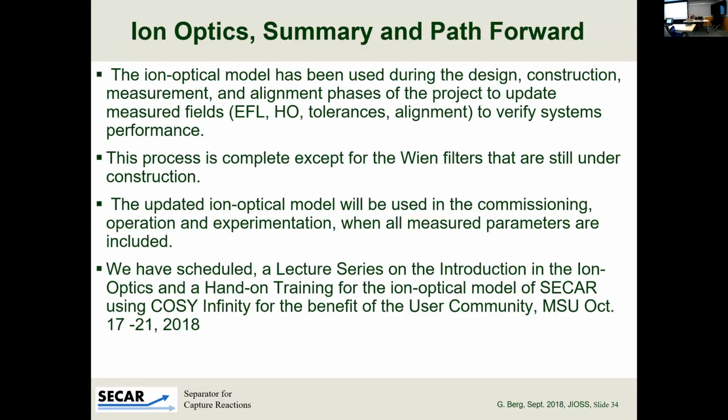SECAR has mostly used the mass separation to reject the beam, but could it also have been using, for example, the energy separation? No. See, the energy is given by the momentum. If you calculate the momentum, you will find out the recoils and the beam have basically the same momentum.